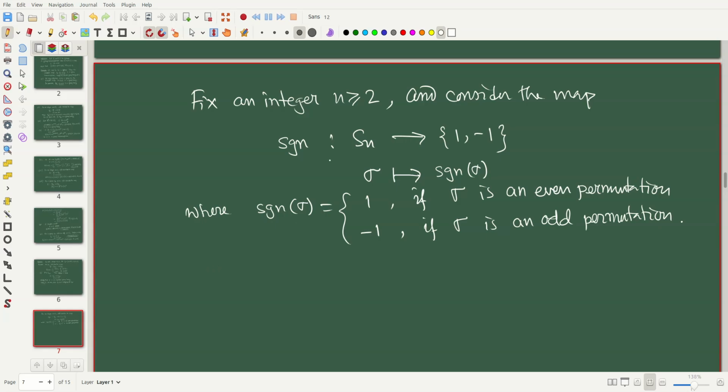So the signature becomes a group homomorphism. If sigma and tau are both even, then sigma composed with tau is again even, and so on, at least one of them being odd.